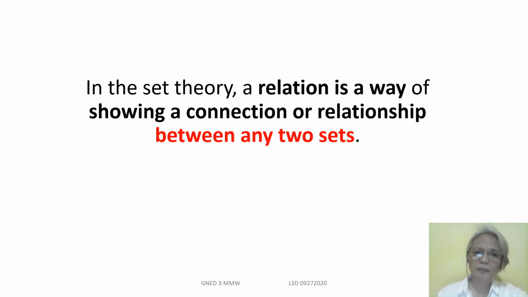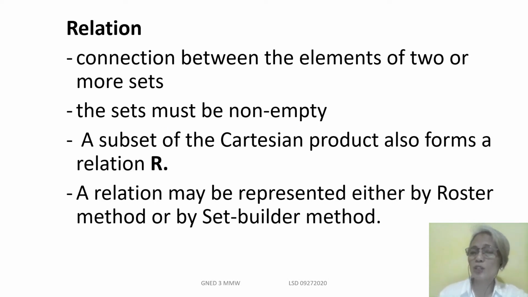In set theory, a relation is a way of showing a connection or relationship between any two sets. These two sets must be non-empty, and we note that a subset of the Cartesian product also forms a relation. Remember the Cartesian product A cross B we had last time?